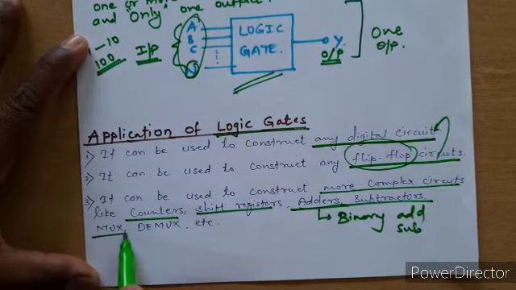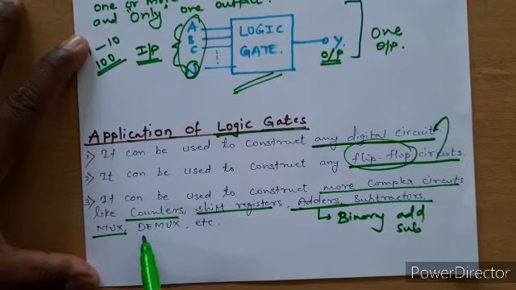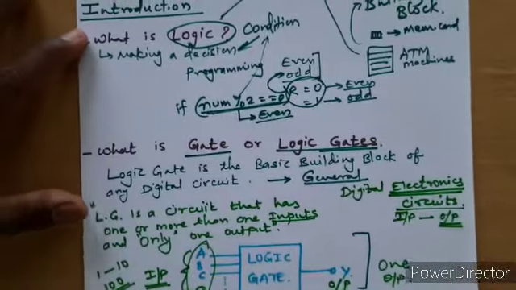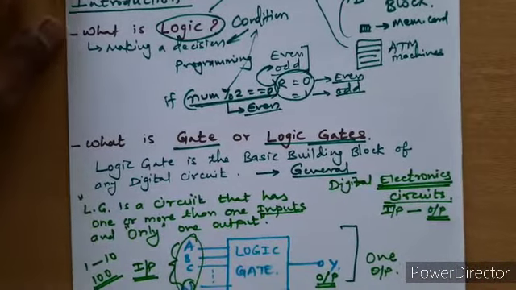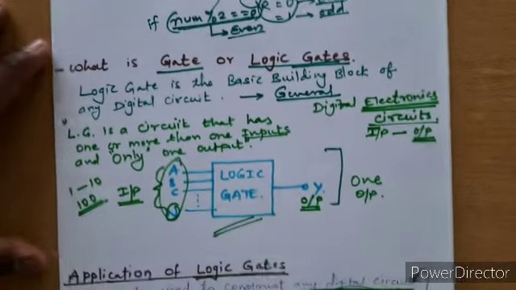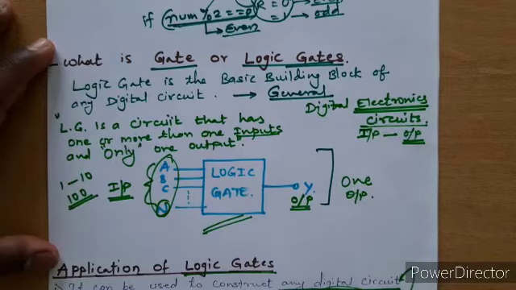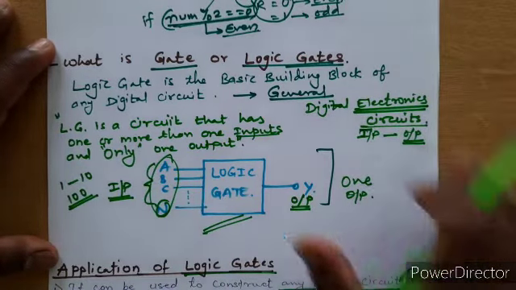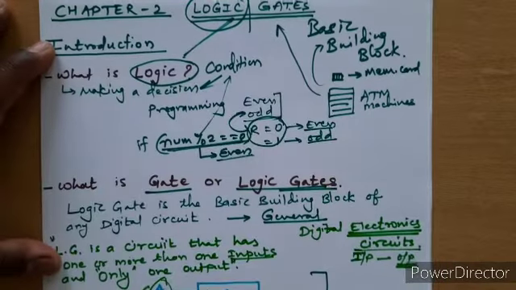We have something called a multiplexer, mux. We have something called a demultiplexer, demux. So for all of these constructions, these logic gates are used. Without this logic gate, we cannot form that circuit, right? So I hope you have understood this basic initial concept of the logic gate. So what is logic and what is gates?